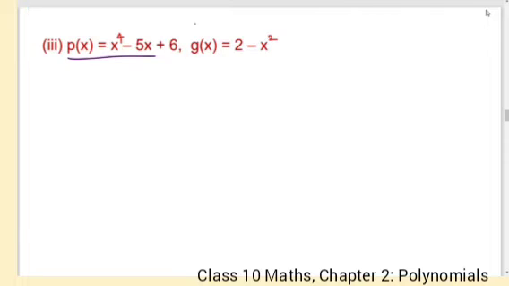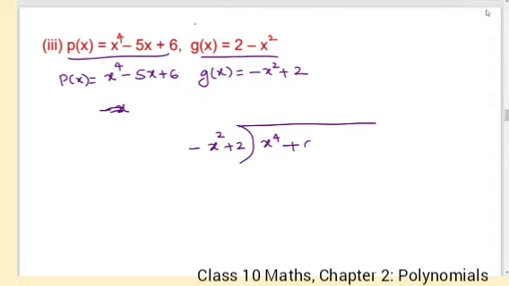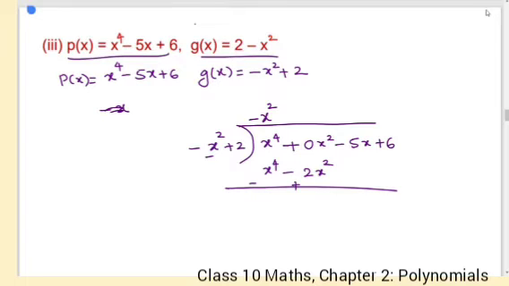Now third one. Write down p of x is equal to x to the power 4 minus 5x plus 6 and g of x is equal to minus x square plus 2. Now divide x to the power 4 minus 5x plus 6 with minus x square plus 2. Multiply with minus x square, it becomes x raised to 4 minus 2x square.